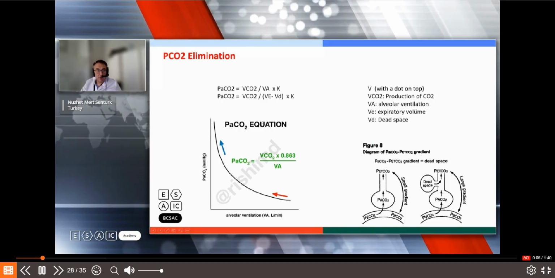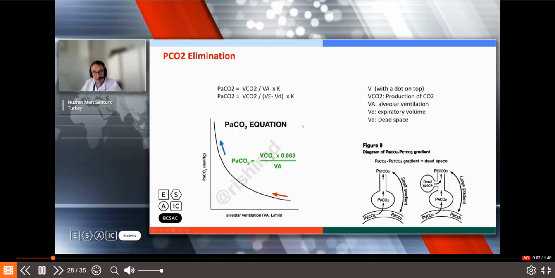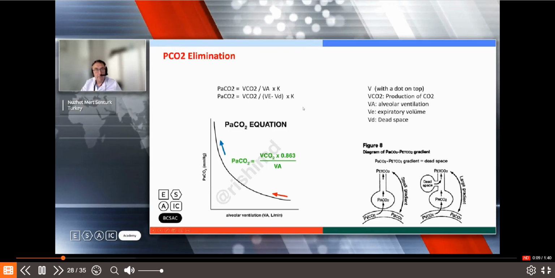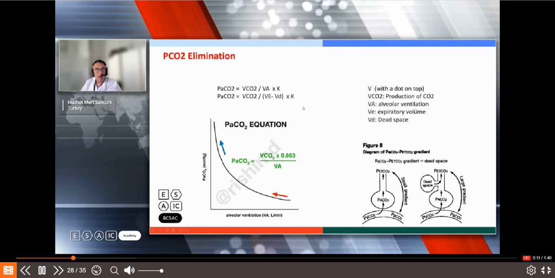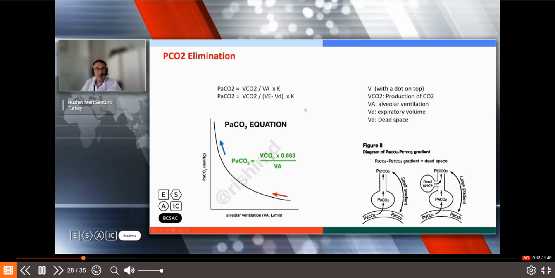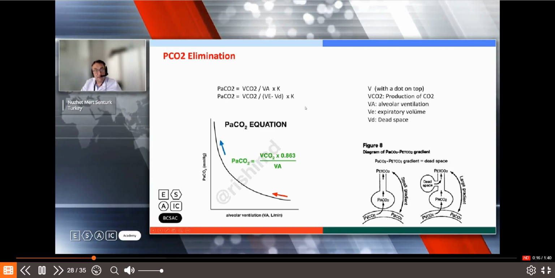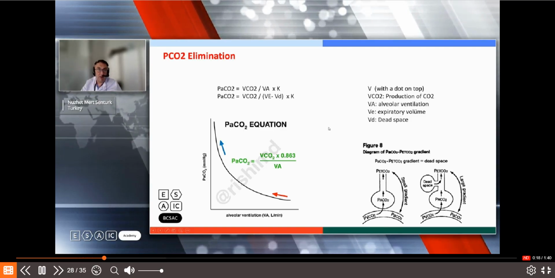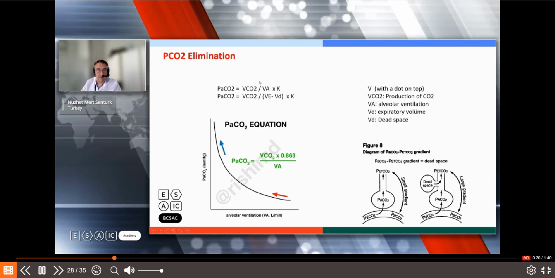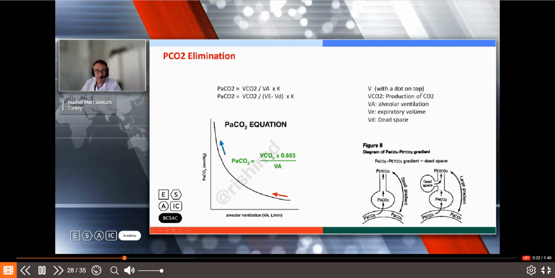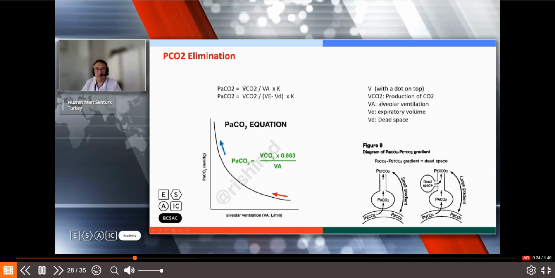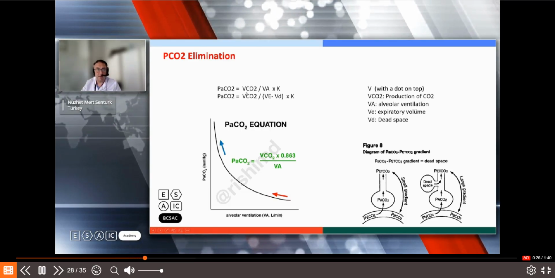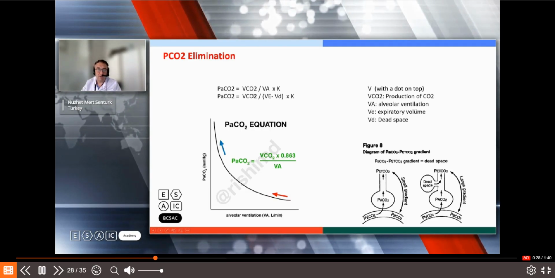For the PCO2, I have a PCO2 equation, and we can see the alveolar carbon dioxide is directly proportional to the production of the CO2. You have to have a dot at the top of the V here. This is the production of the CO2.